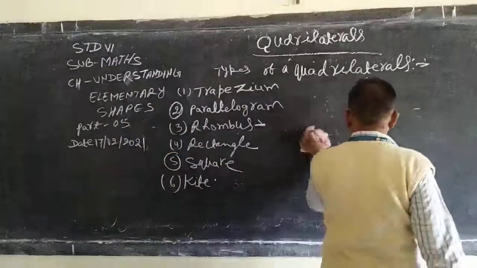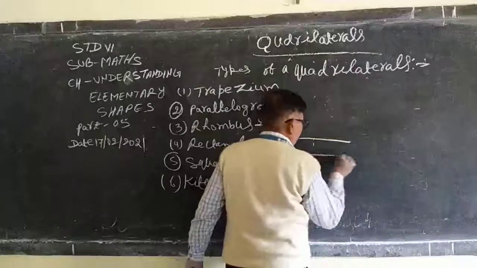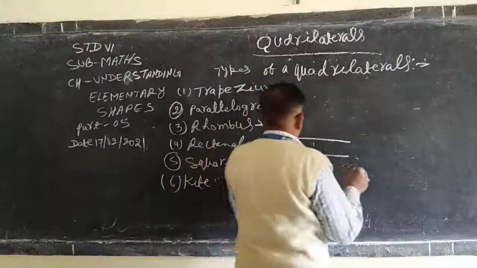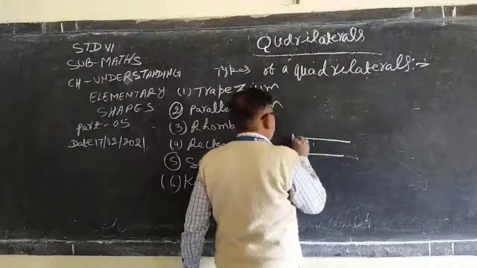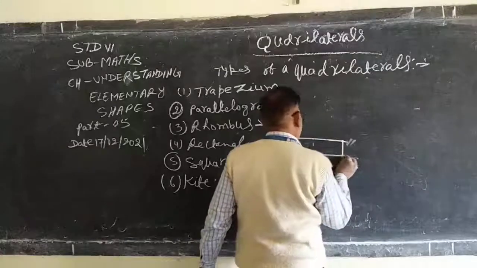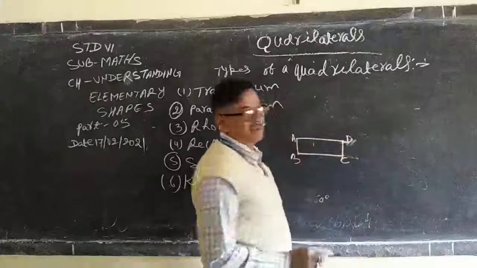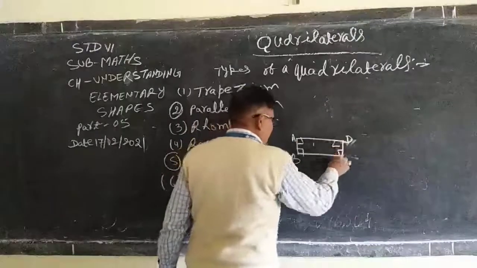Rectangle. A rectangle is a parallelogram in which ABCD has all the angles 90 degrees.